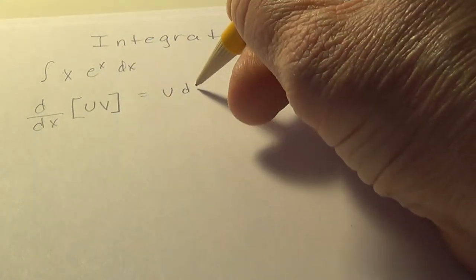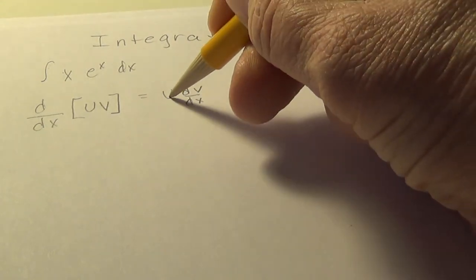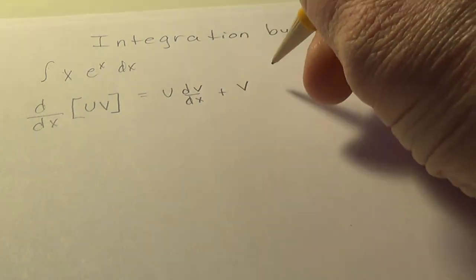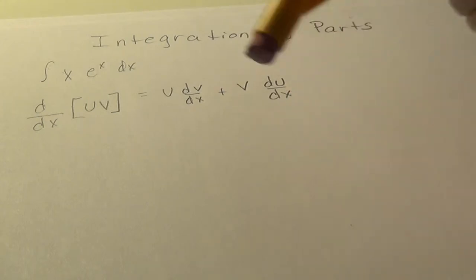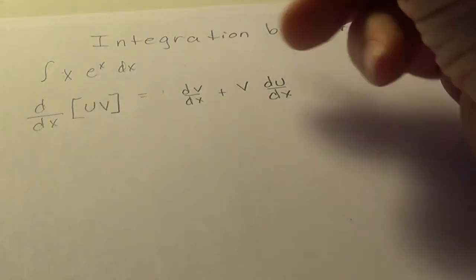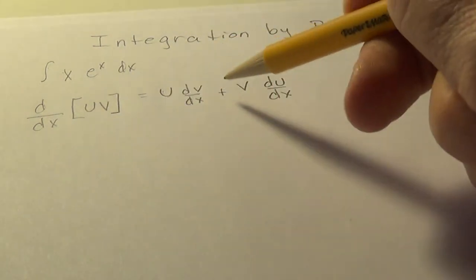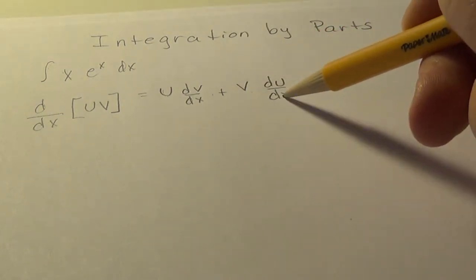So the first is u times dv dx, plus the second times the derivative of the first, du dx.